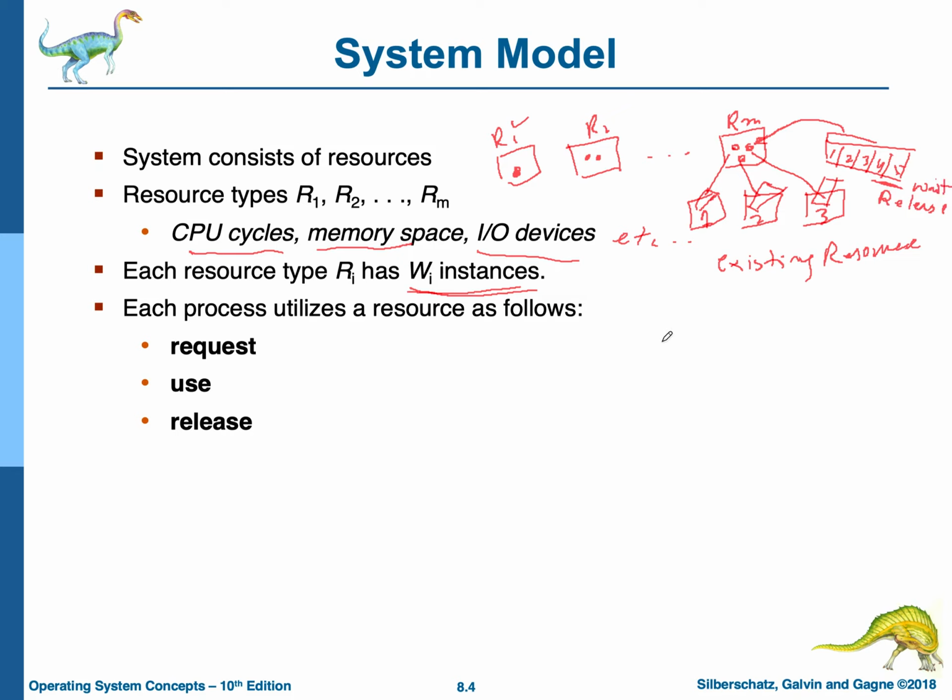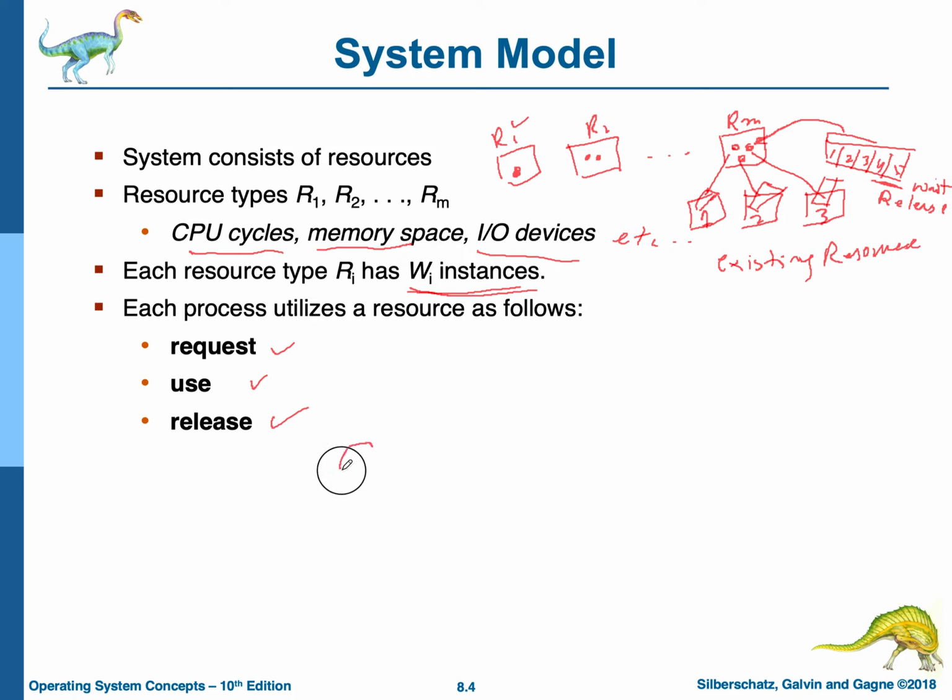So we can say that a system process utilizes a resource as follows. First, it requests a resource. When it is allocated, it uses the resource, and once the thread or process completes its execution, then it releases the resource.